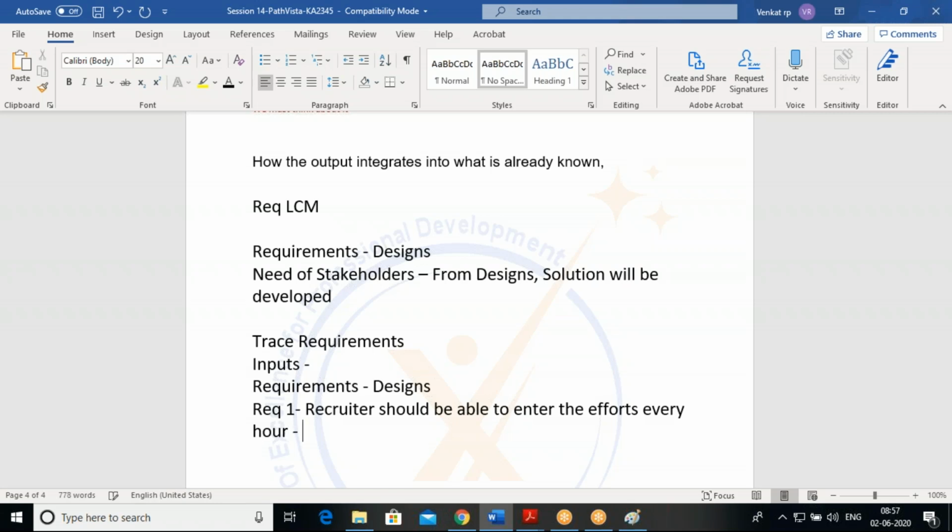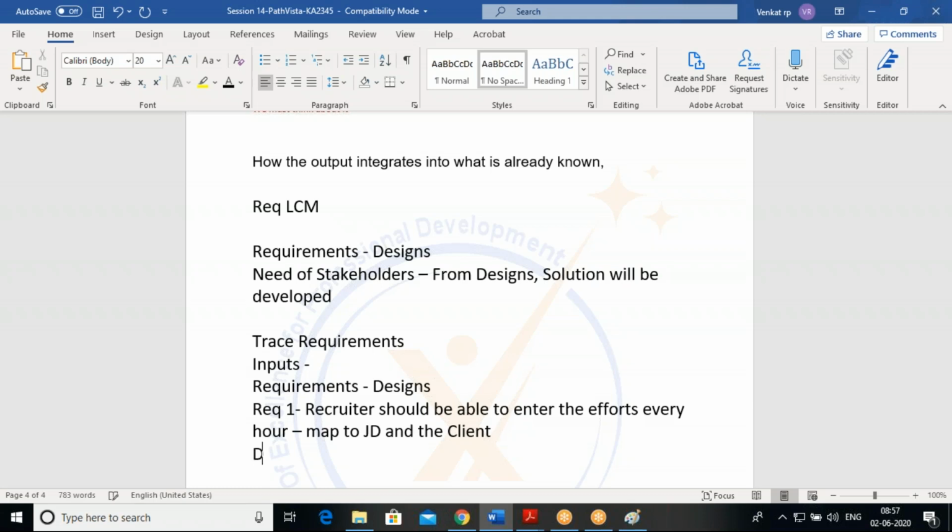Okay, efforts, he will map it to the job description, and while entering he has to map the efforts to the job description and the client. So requirement means he should be able to enter the efforts into the job description, and the design is how we are going to actually achieve it.